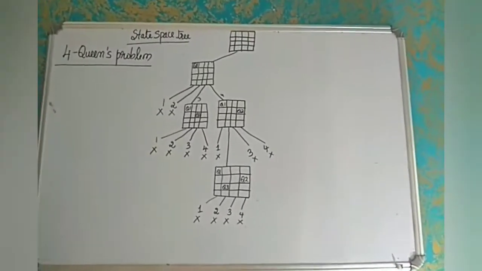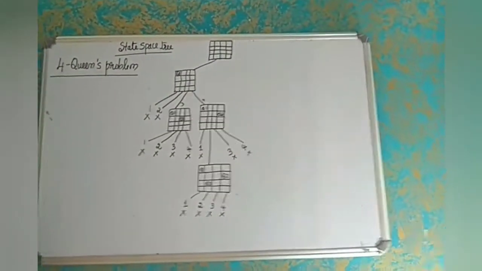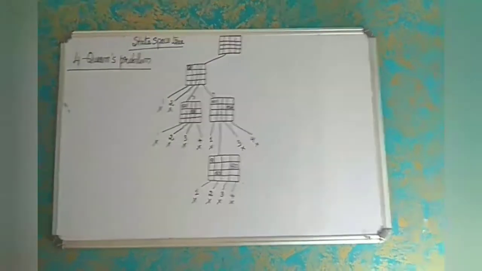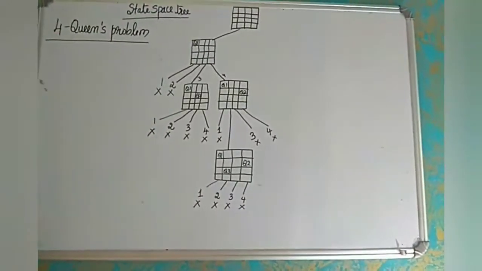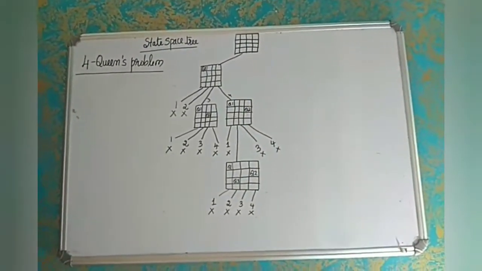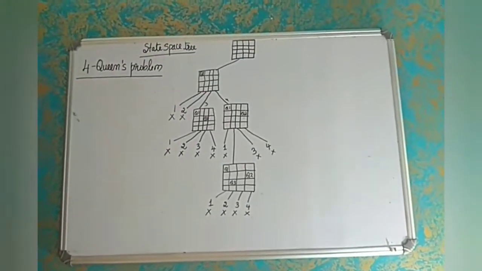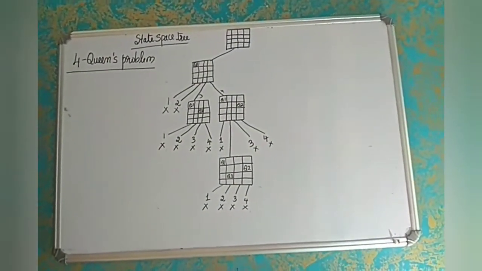Now, as I told, you have to make an assumption in the case of the 4 queens problem. We assume that the first queen q1 will be placed in the first row, q2 in the second row, q3 in the third row and q4 in the fourth row.